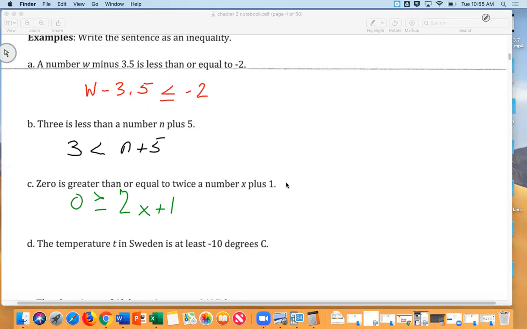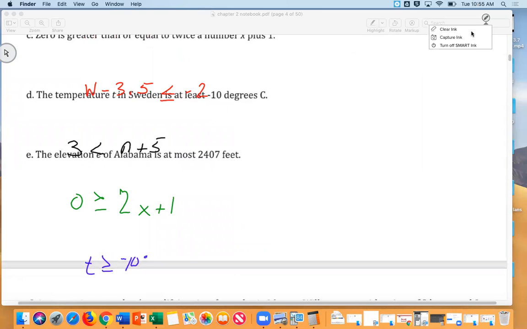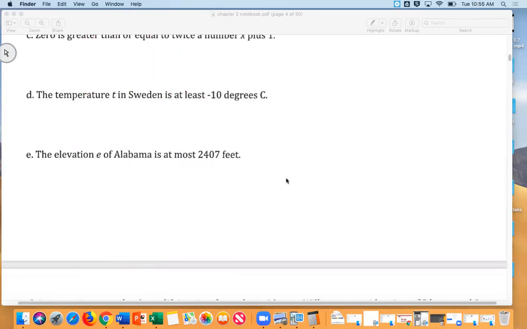This is why I really like inequalities, because we talk about things and compare things. It says the temperature T in Sweden is at least. Well, what does at least mean? If something's at least, then it must be greater than. So T is greater than or equal to -10 degrees. Why don't you try this last one, talking about the elevation of Alabama?